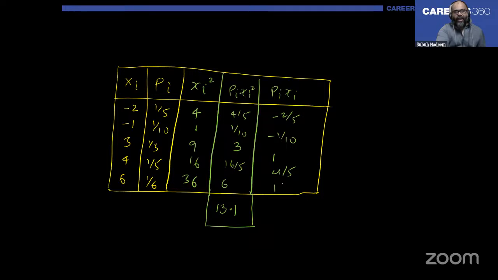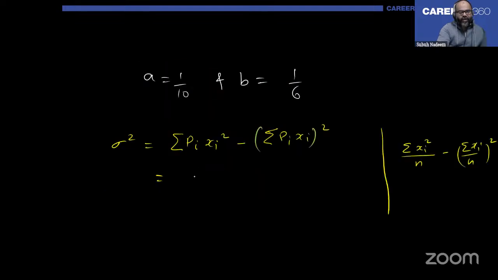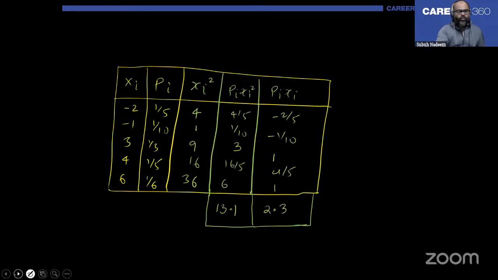And sigma of pi xi will become -2 by 5 plus 4 by 5, that is 2 by 5. 2 by 5 minus 1 by 10 is 3 by 10. 3 by 10 plus 1 plus 1 is 2.3. Yes, that was the mean we know earlier also. So we take 13.1, sigma of pi xi square, minus 2.3 square.